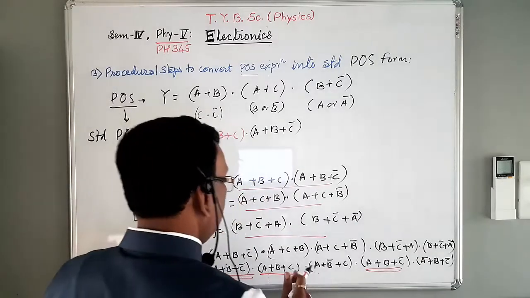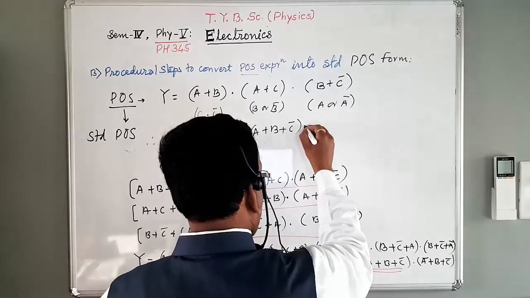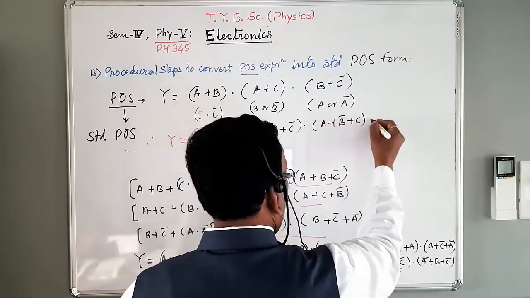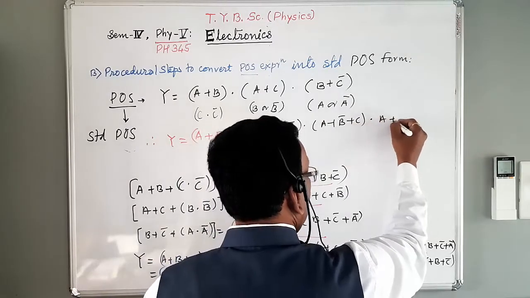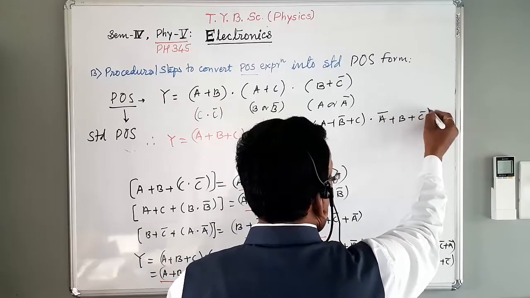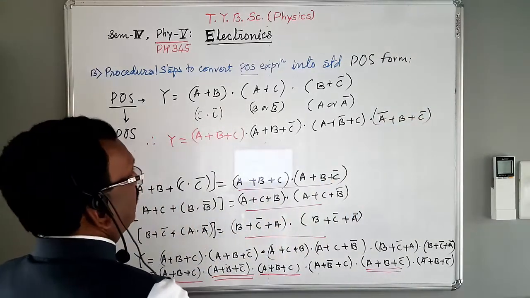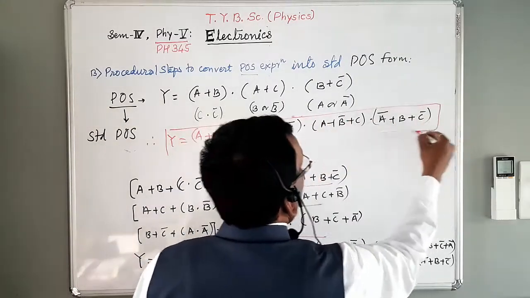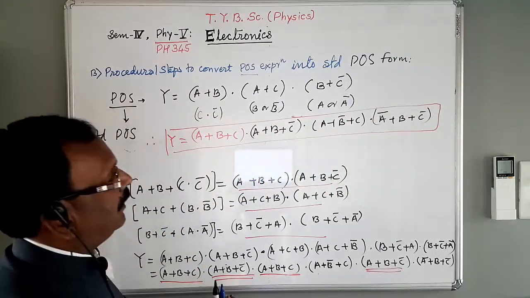Instead of this term, we consider only one term. So A plus B bar plus C into A bar plus B plus C bar. We get this equation, and then we look toward this equation.